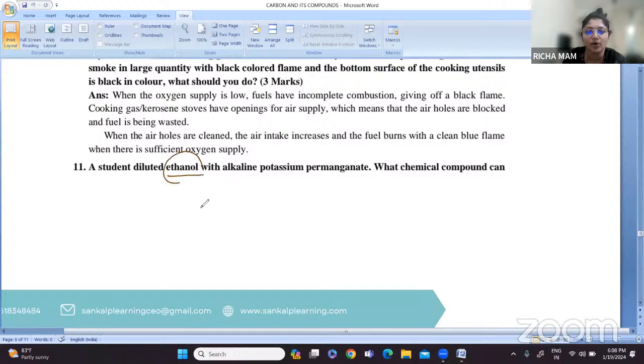Ethanol is a type of alcohol, that is C2H5OH. Diluted means he added water to the concentrated ethanol. So a student diluted the ethanol with alkaline potassium permanganate.